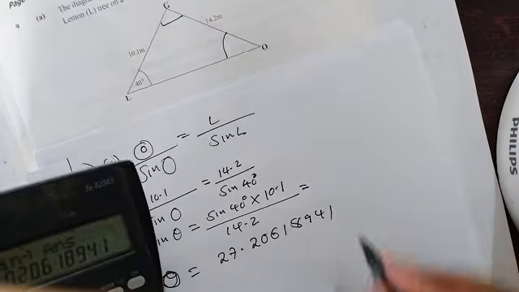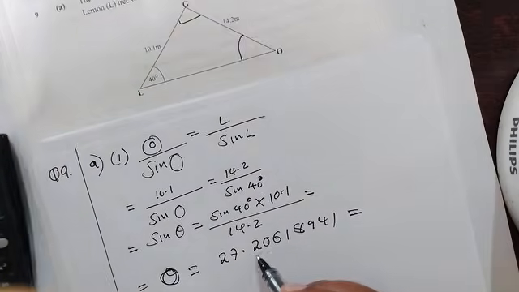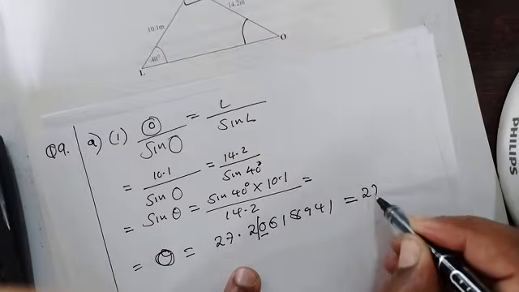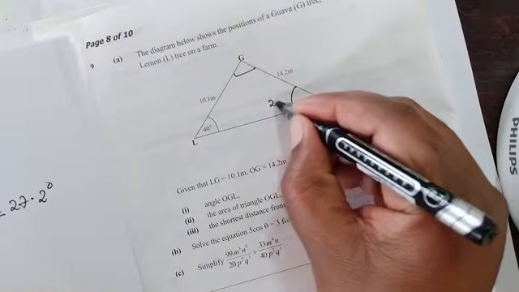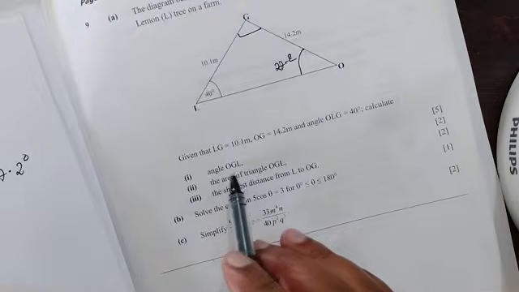You give this correct to one decimal place, so you cut here and consider this as 0. So you have 27.2. So what that means is that this angle here is 27.2. But now they want angle OGL, this one.